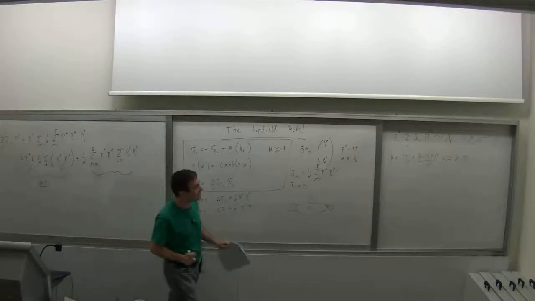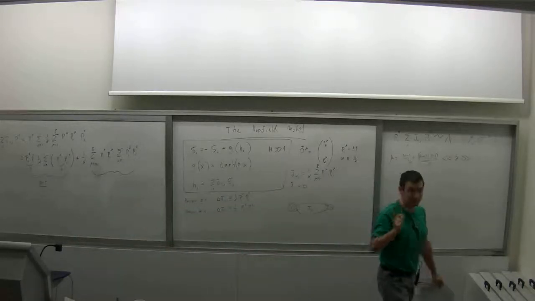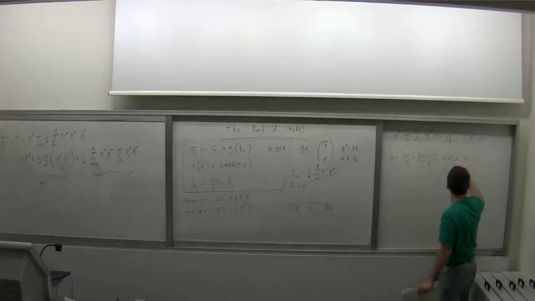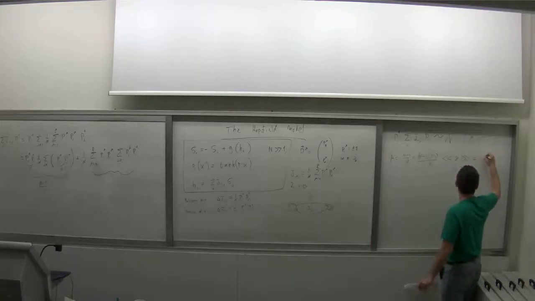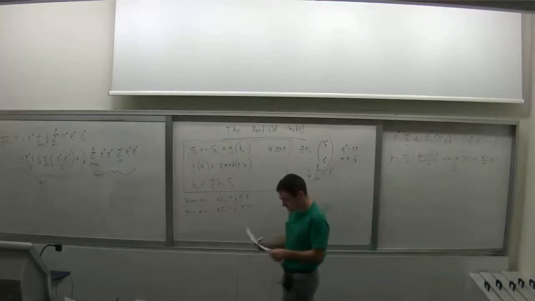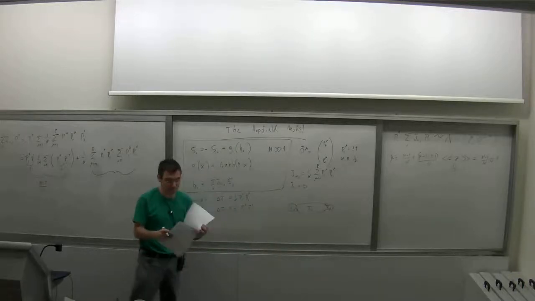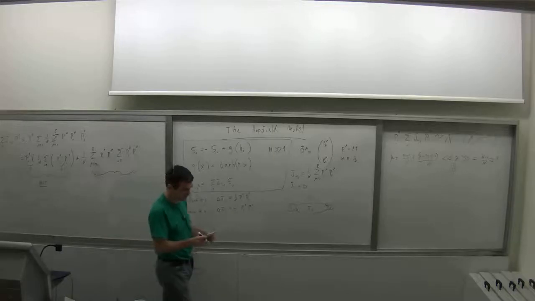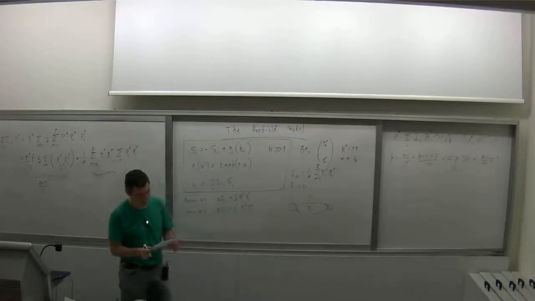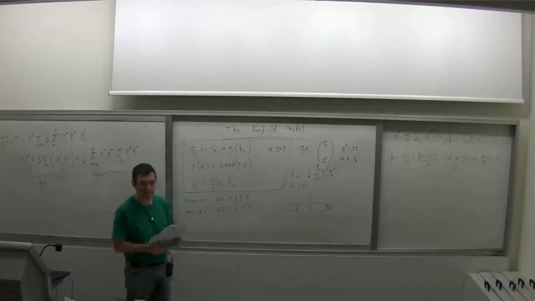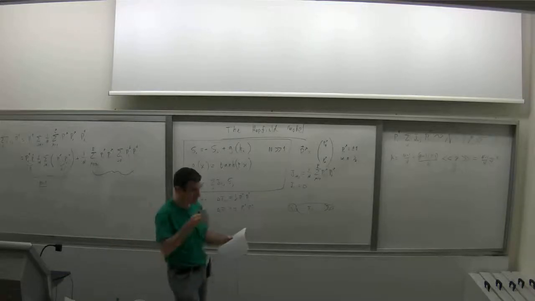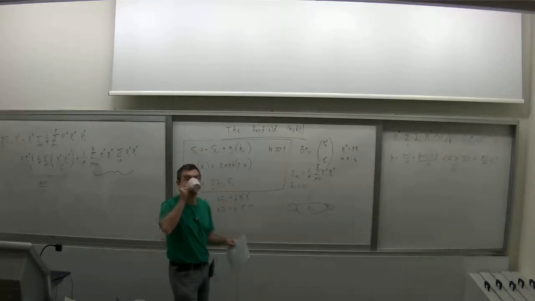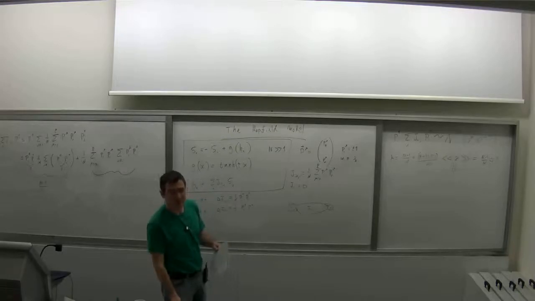What's the average of the z term? 0. So this is just equal to (n minus 1) divided by n, which is approximately equal to 1. Questions about that?